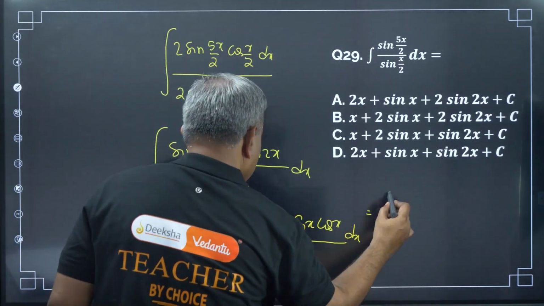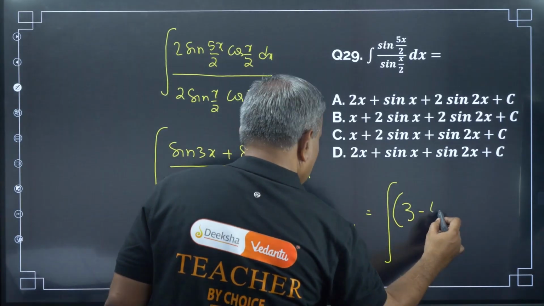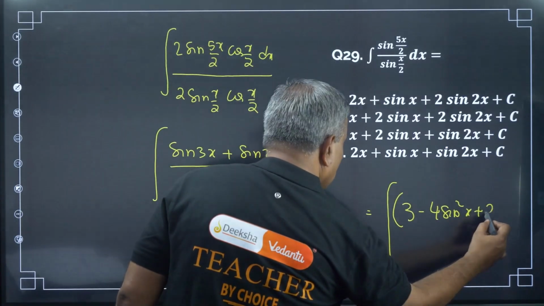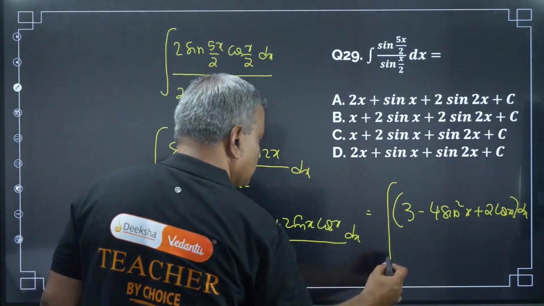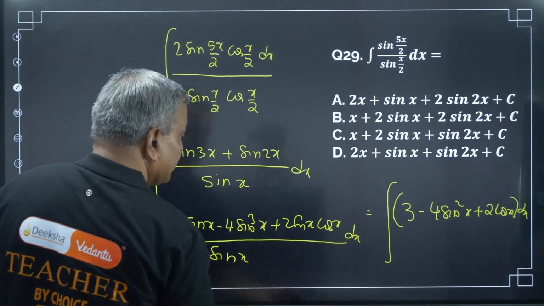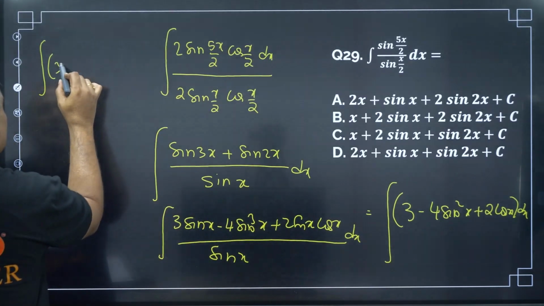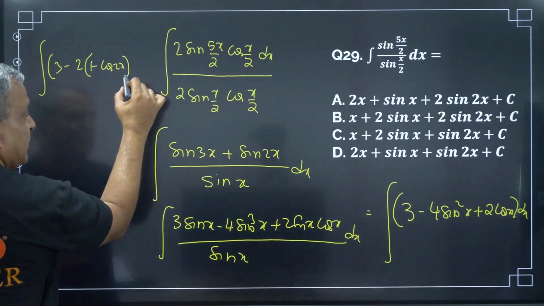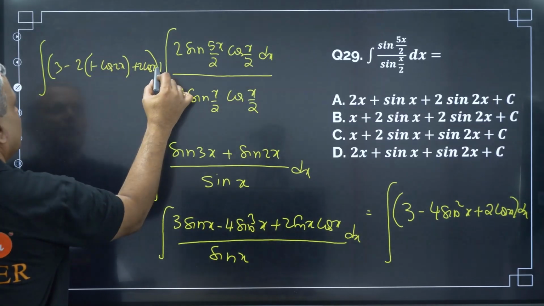So this integral becomes 3 minus 4 sine square x plus 2 cos x. Again, you have to convert sine square x into double angle. I'm writing here, sorry for the inconvenience: 3 minus 2 into 1 minus cos 2x plus 2 cos x whole dx.